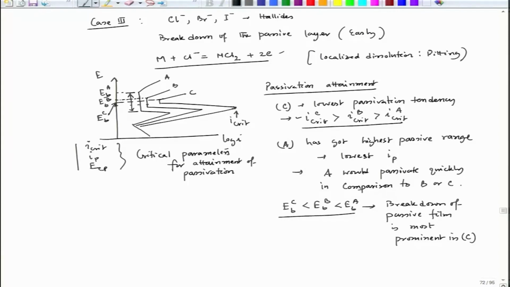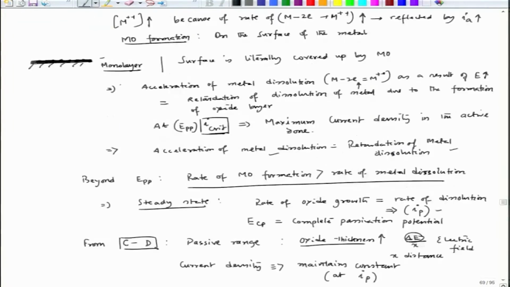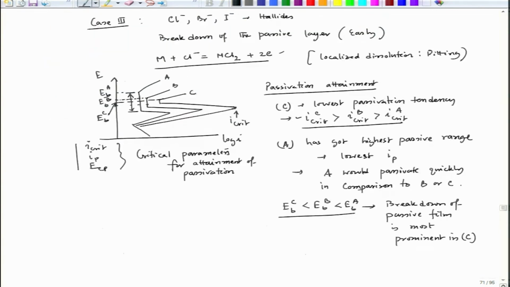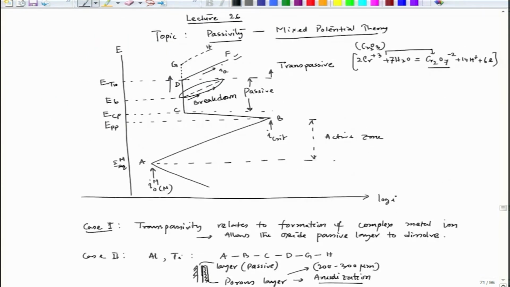Now, interestingly, we have been talking about these three quantities, but we have not yet discussed one important part, which is this segment. So, which is basically the zone between EPP and ECP.